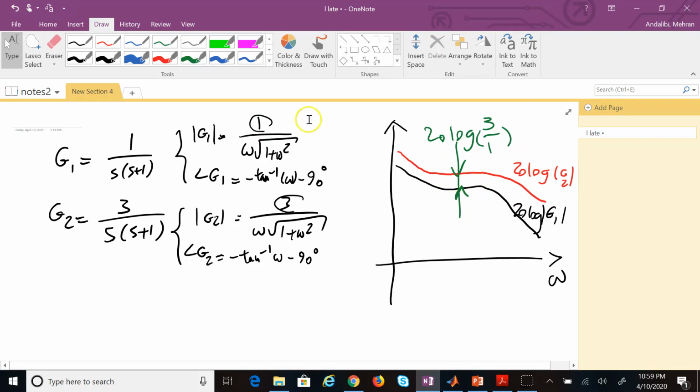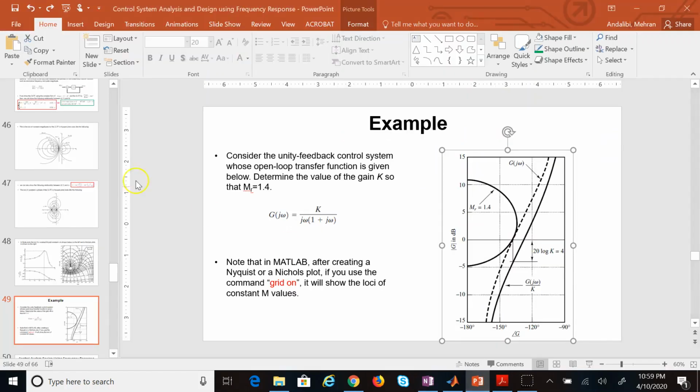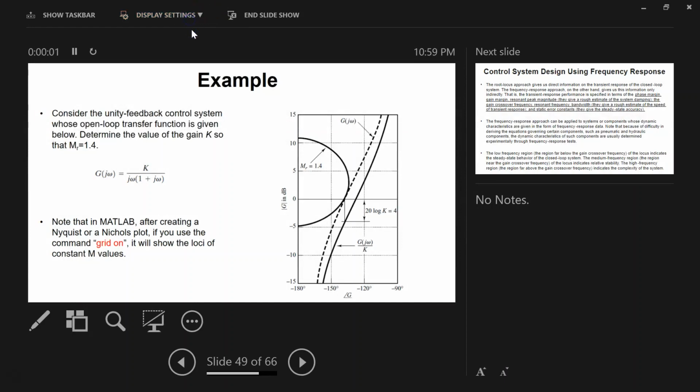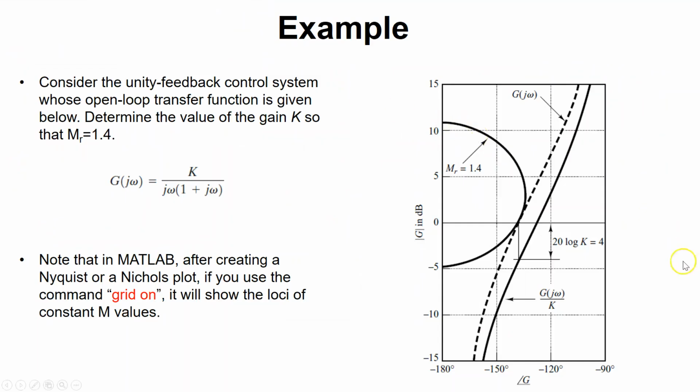Okay, so in magnitude plots, the best thing is that changing a constant in the numerator means shifting it up and down, and that's what you see in this figure here. Here the magnitude is plotted, of course, instead of versus omega, it is plotted versus phase. And I'll tell you why this is better than the Bode plot.